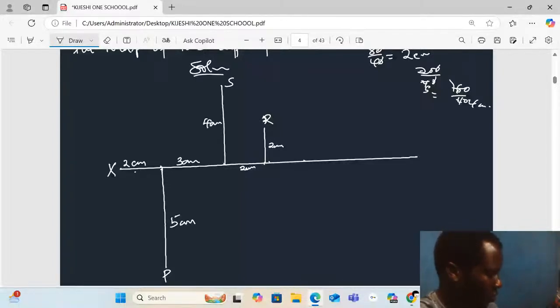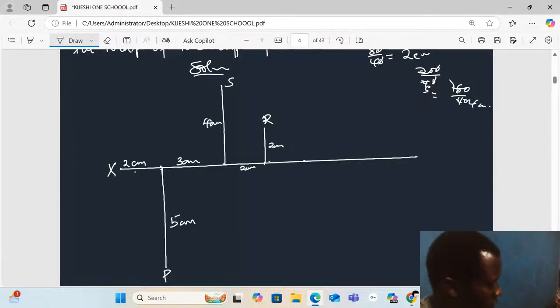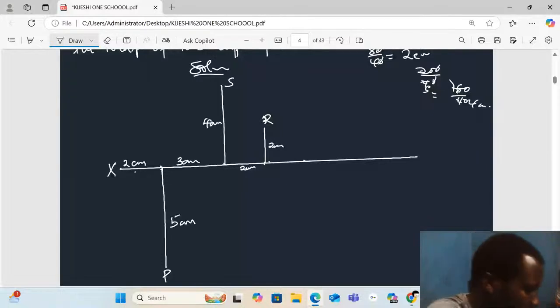So 2 more. Then we move to the right 80 meters, and 8 meters, that is 2 centimeters. So you measure your 2 centimeters from there to here, 2 centimeters.